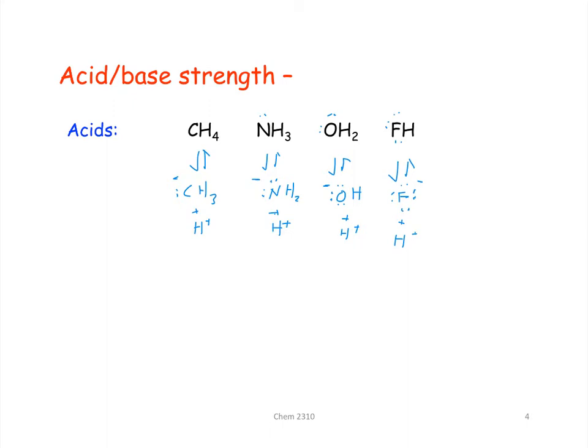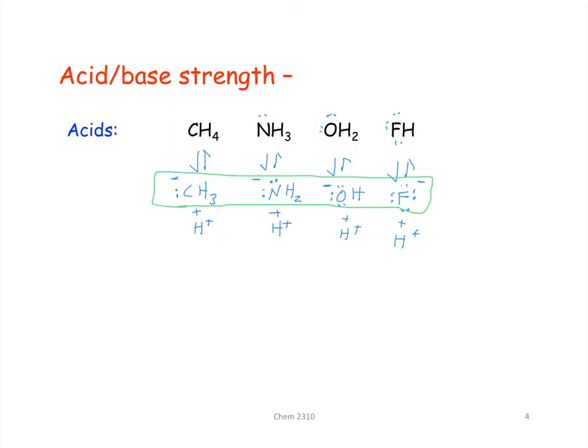All right, so what we want to do is compare the relative stabilities of these four conjugate bases. So what property of these four conjugate bases is going to influence their stability? Notice that as we go from left to right, we have carbon, nitrogen, oxygen, fluorine, and each of those atoms is the one that's holding the minus charge.